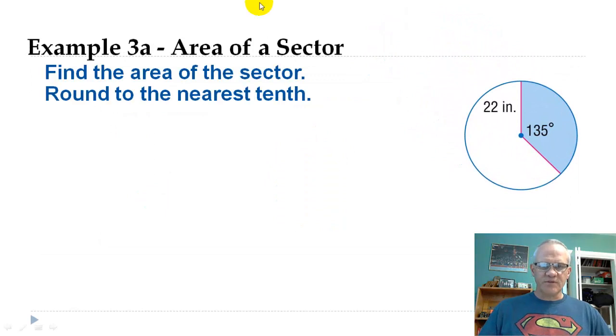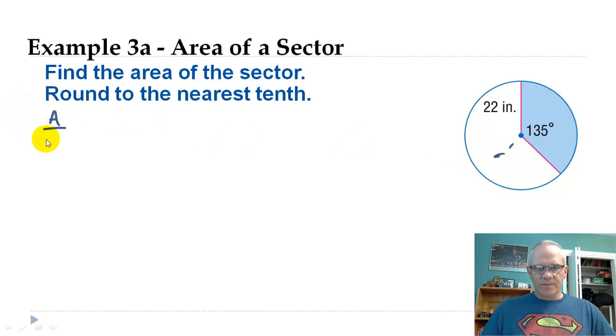It says find the area of the sector, round to the nearest tenth. So we're going to set up our proportion here. The area of our sector, which is the blue sector here, we'll just call that A. So A over the area of the whole circle.